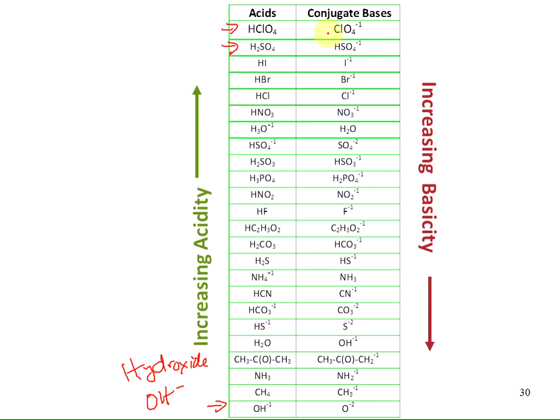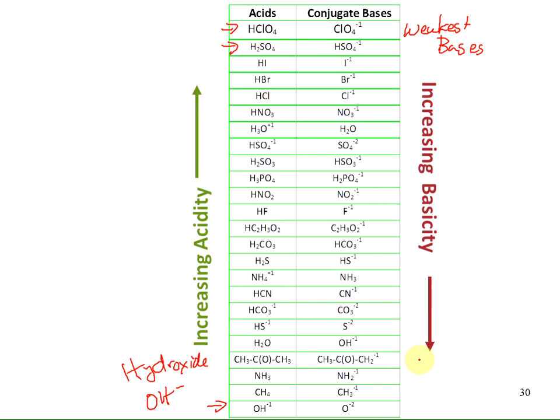Now in the next column you have the conjugate base. So remember, the conjugate base is where the acid has had one of the protons removed. So the HClO4 becomes the ClO4 minus. And notice that at the top of this column are the weakest of the bases. And increasing basicity goes as you go down the column.